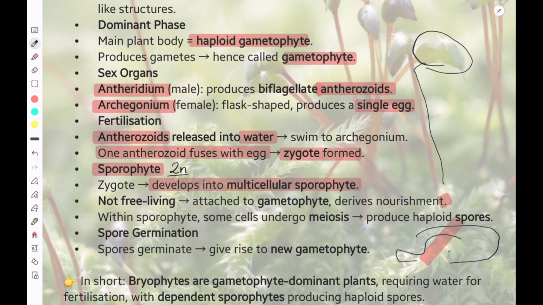In the sporophyte, some cells undergo meiosis and produce haploid spores. First fertilization occurs, and after fertilization, meiosis occurs. The spore germinates and forms a new gametophyte.